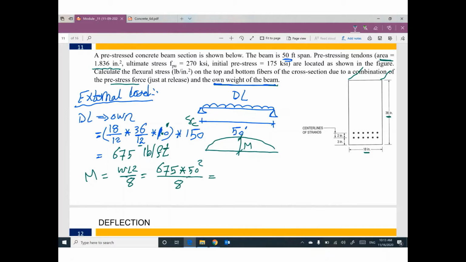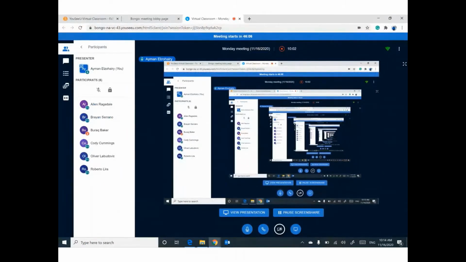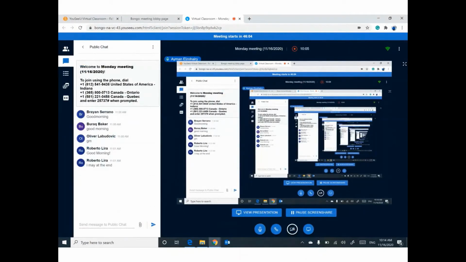This number will be 210,937 pound-feet. Please make sure your units are consistent. That's fine. Any questions so far? Looks good? Any questions so far?